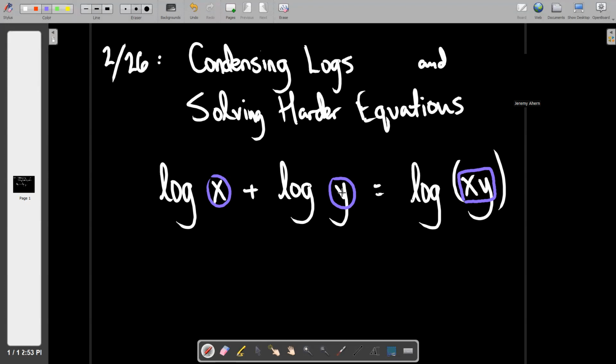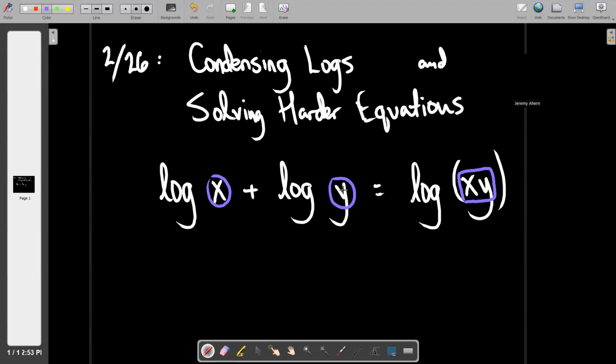The solving part of it isn't part of this yet, but eventually we're going to need to turn two logs into one, and then we'll apply that to what we learned on Thursday about how to solve equations. So for this portion of the lesson, we're really not solving anything. We're just putting two logs together to make one.